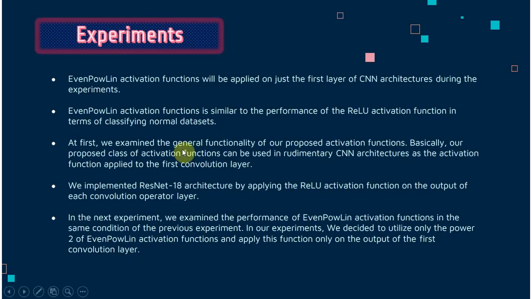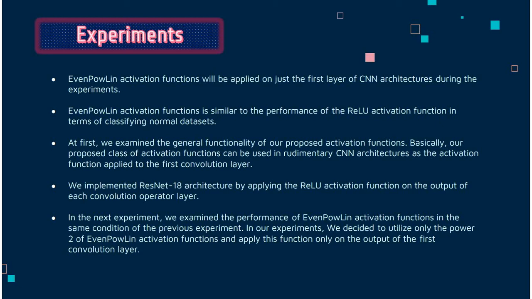Let's go to experiments. Even polylinear activation functions will be applied on just the first layer of CNNs, as I told you. Even polylinear activation function has performance similar to the ReLU activation function in terms of classifying normal datasets. Normal datasets are datasets such as MNIST, CIFAR10, and SVHN.